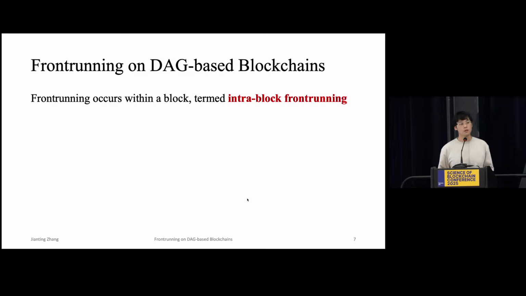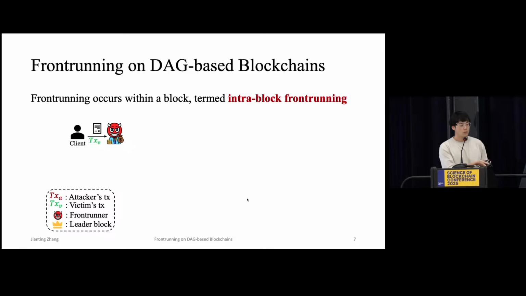So a naive attempt at front-running in DAG-based blockchains is to front-run a transaction within the same block. Here we define such front-running as intra-block front-running. The high-level idea is that clients send their transactions to one replica.